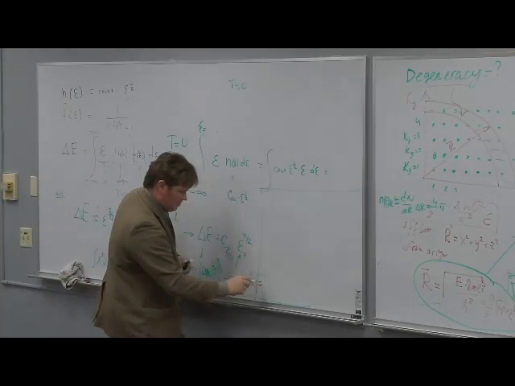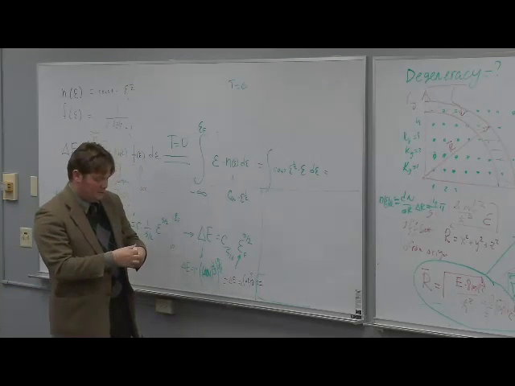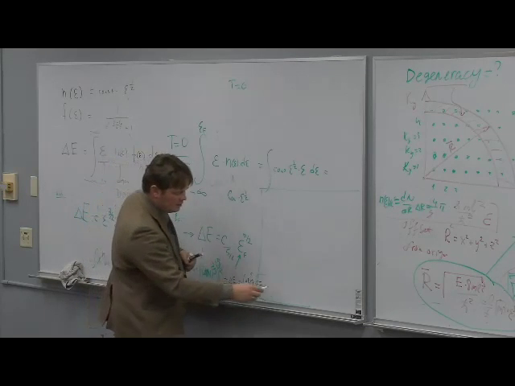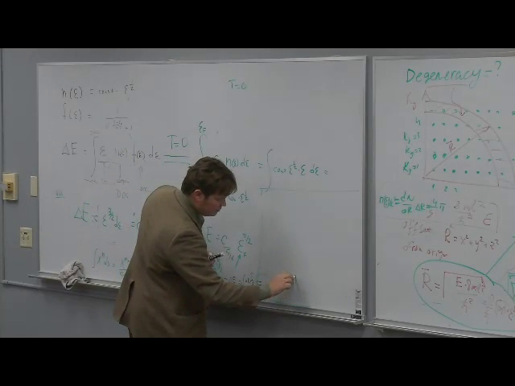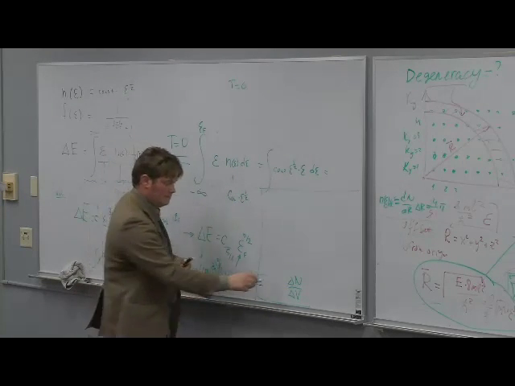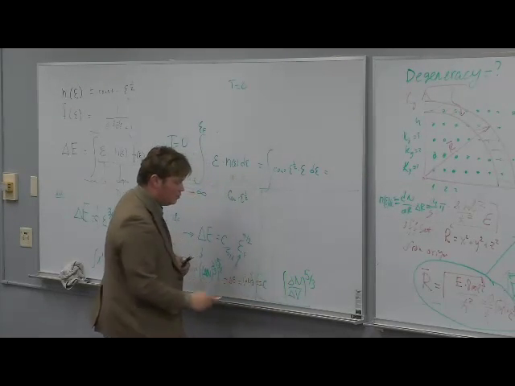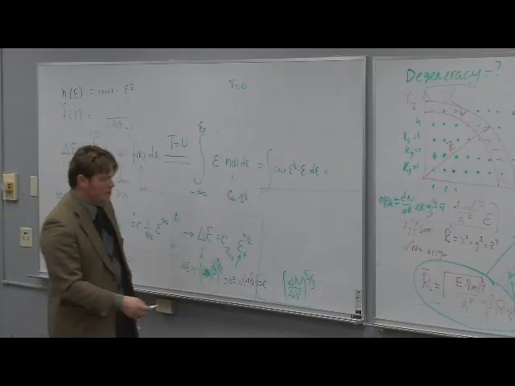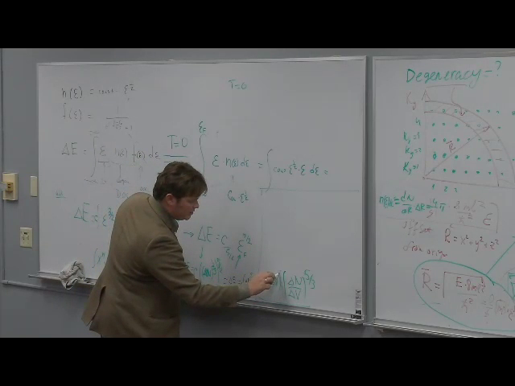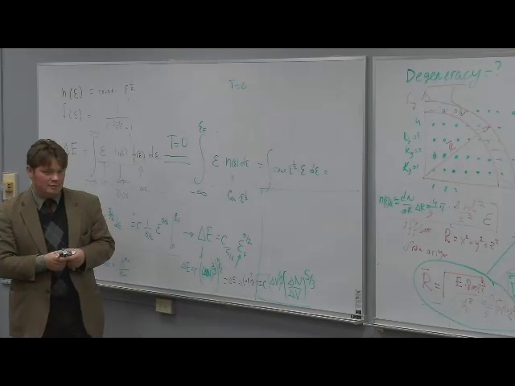So, we need to multiply and divide by delta V, by the volume. And in order to keep everything correct, we need to introduce here delta V to the power 3/5. Good? Also possible.